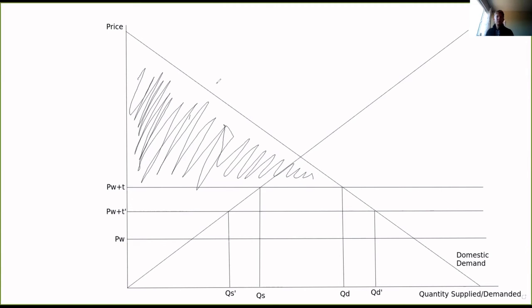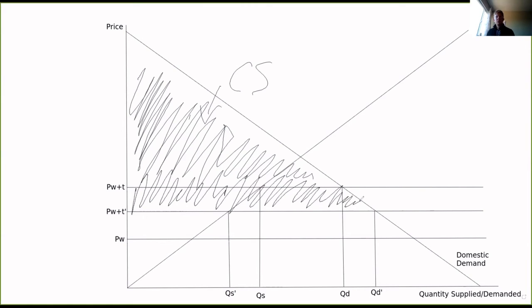And so consumer surplus is going to increase to also include this larger triangle here. Consumers are going to gain because they're able to consume at a lower price.